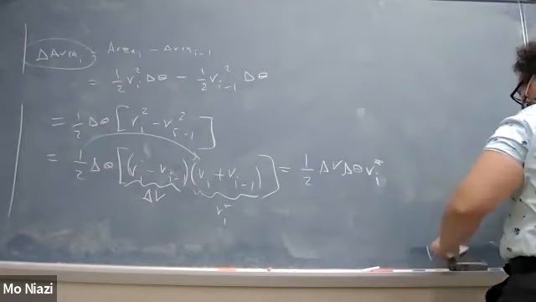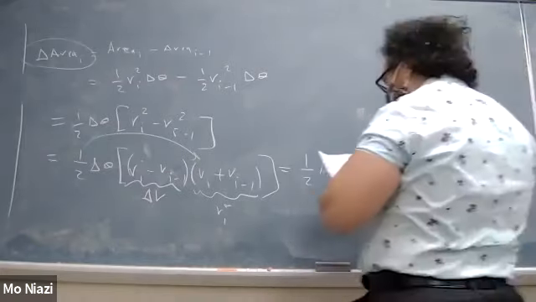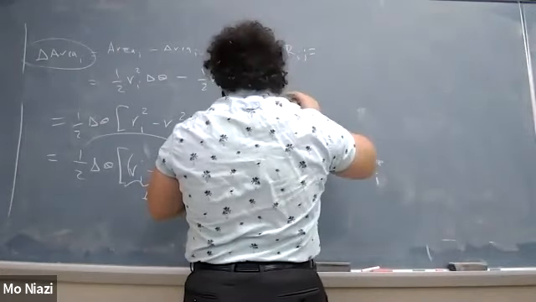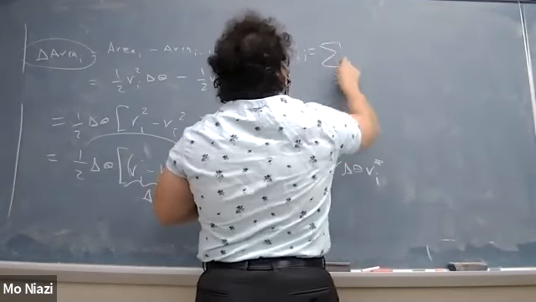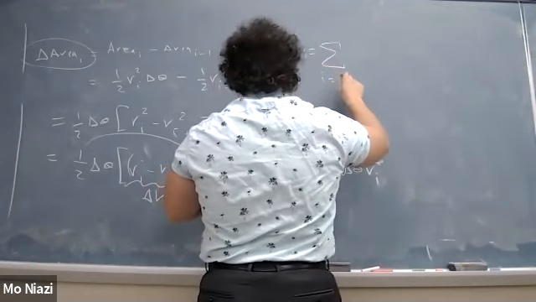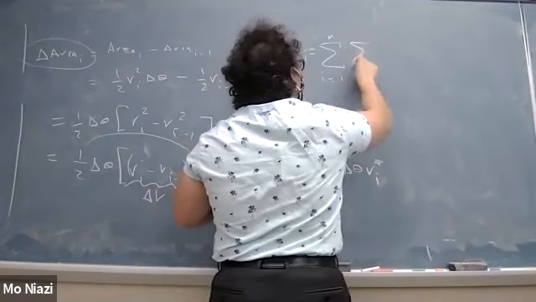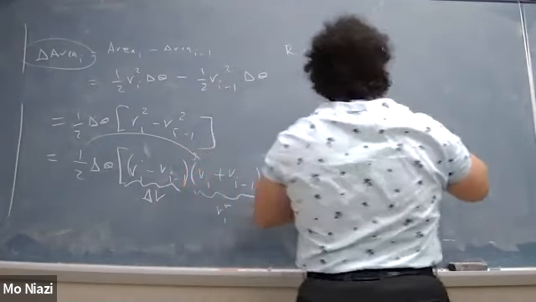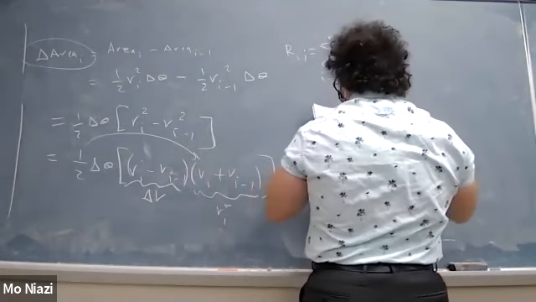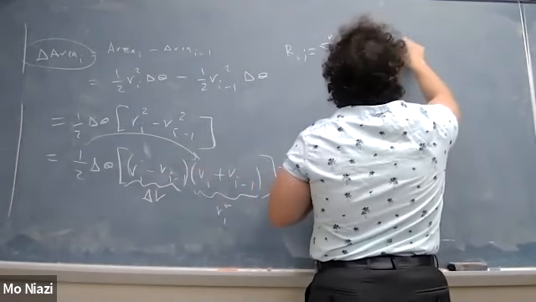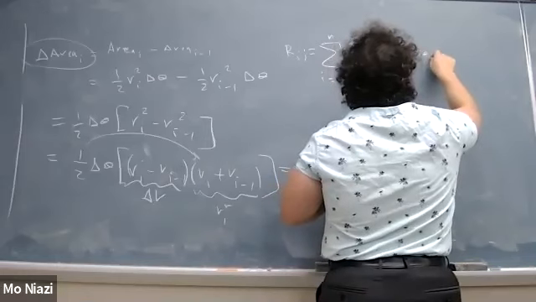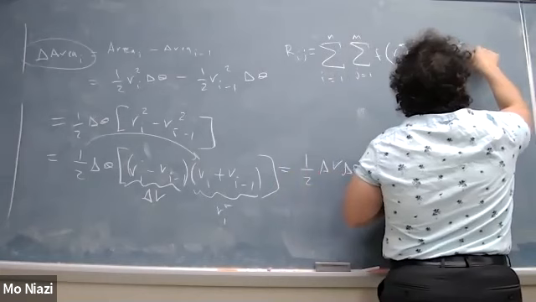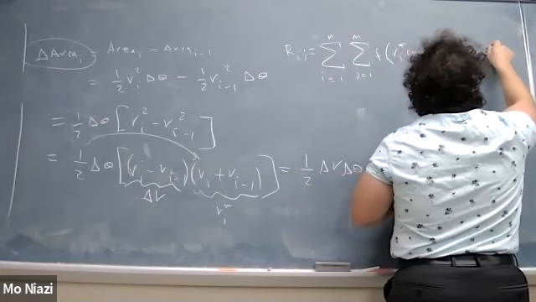So let's do that. So a little piece ranges from i equals 1 to n, j equals 1 to m of our function f of Ri star cosine of theta j star, Ri star sine of theta j star.